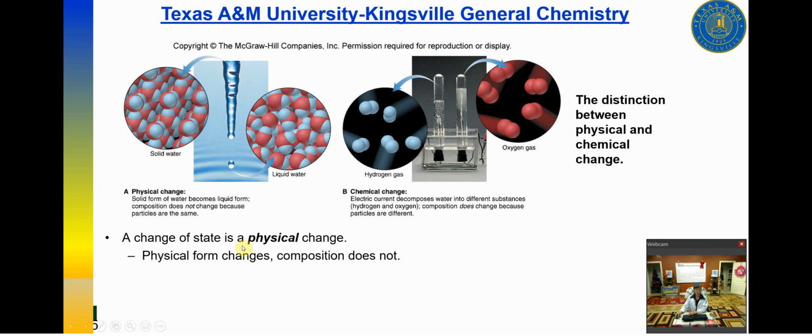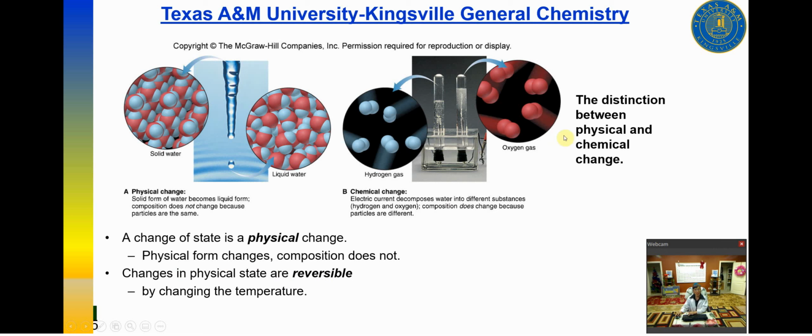A physical change means the composition has no change. You didn't see any composition change. This change can usually be reversible.